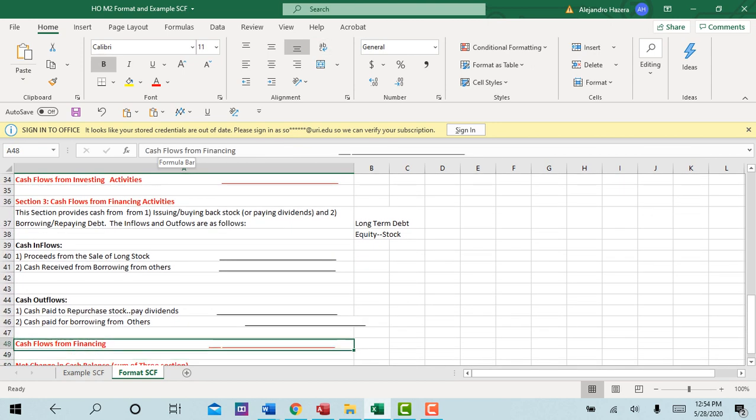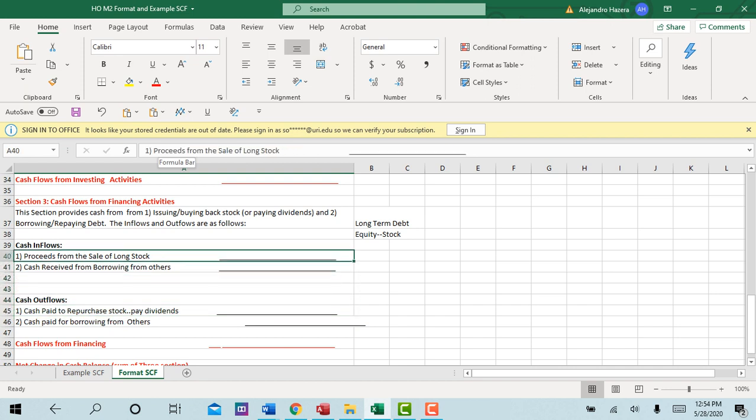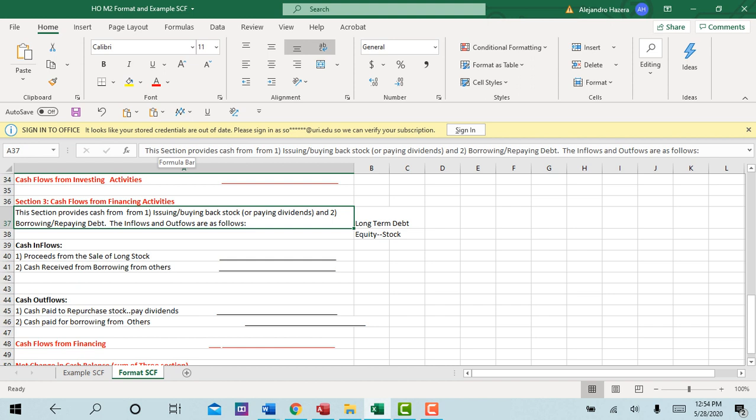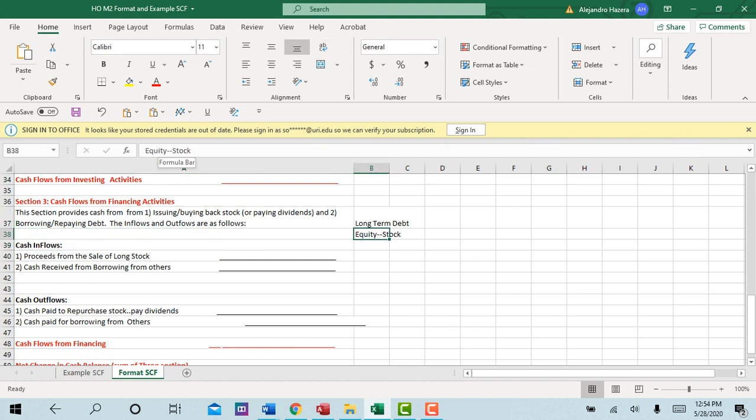Okay, so for each of these items here, you have the cash inflows. Cash inflows for activity number one. This is activity number one here. And long-term debt is activity number two.